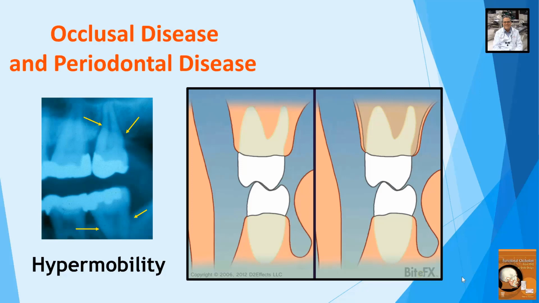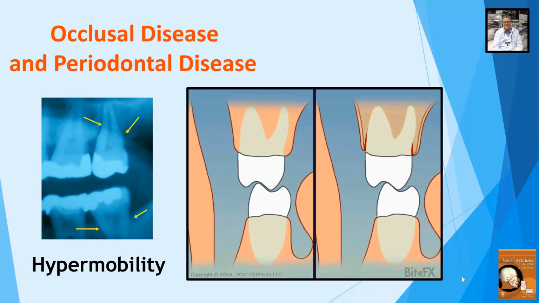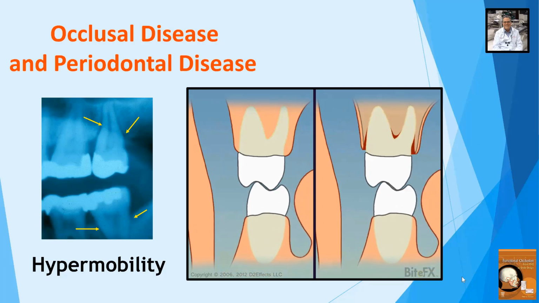Kind of looks like this. The picture on the left is going to be a closure in the back with a protective bite, and the one on the right will be one that is an unprotected bite. And you can see what happens as they grind, that you can create the mobilities, which tends to have a preponderance to help break down the supporting bone.